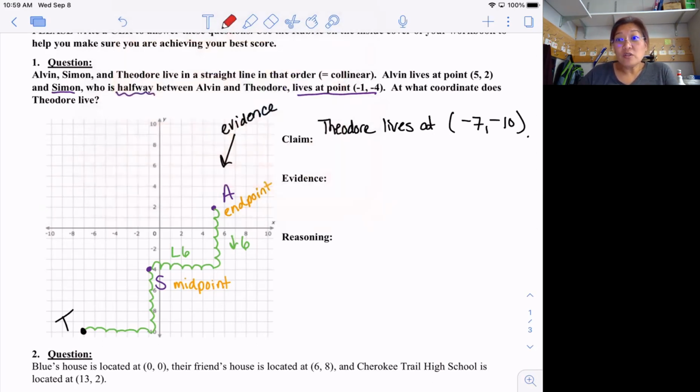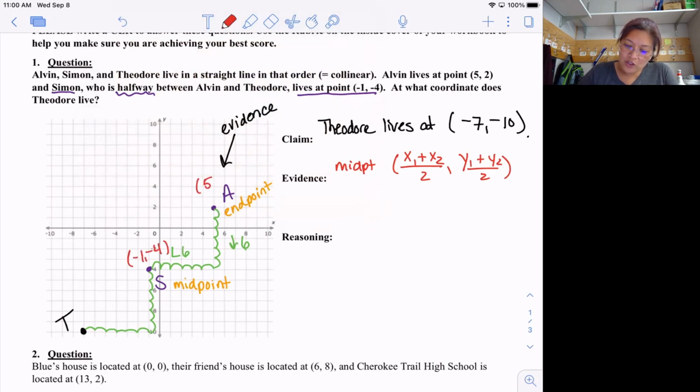some of you may have used the midpoint formula. So if you remember, the midpoint formula is adding your x1 and your x2 and dividing by 2, and adding your y1 and your y2 and dividing by 2. So I can plug in the coordinates of my midpoint, (-1, -4), and (5, 2), to find my missing (x, y).